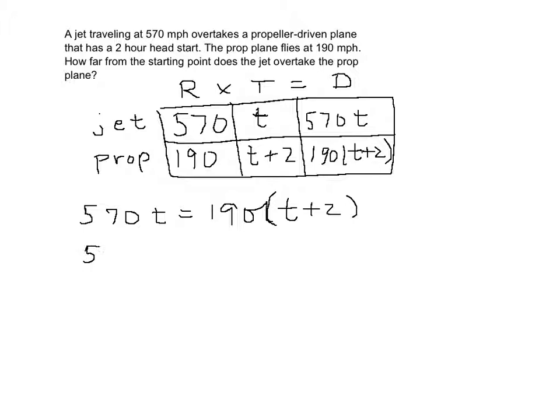And so if I work on that a little bit, I'll get 570t is equal to 190t plus 2 times 190, which is 380. Now we solve that, and we get t is equal to 1. So how far? Well, we can use either expression, and either one, we get the answer of 570 miles.